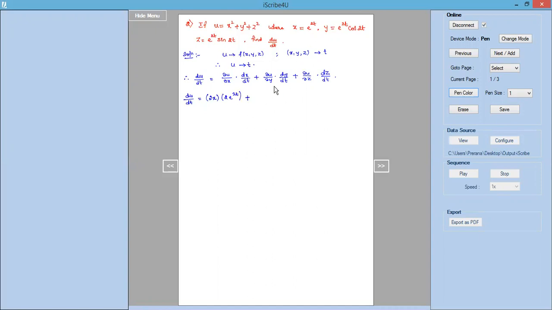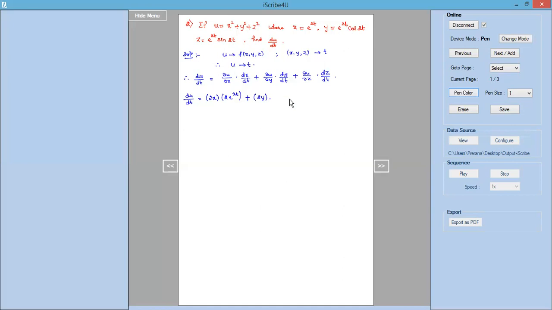Second term is involved, dou u by dou y into dy by dt. So dou u by dou y gives us differentiation of u partially with respect to y is 2y, both x and z are constants, into dy by dt, total differentiation of y with respect to t. So dy by dt involves product rule because we have a product of two functions e power 2t into cos 2t.